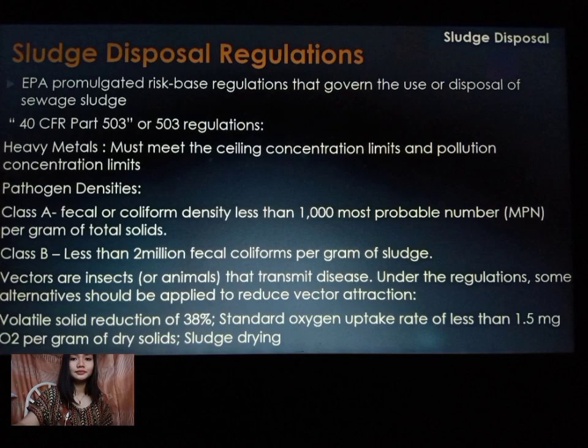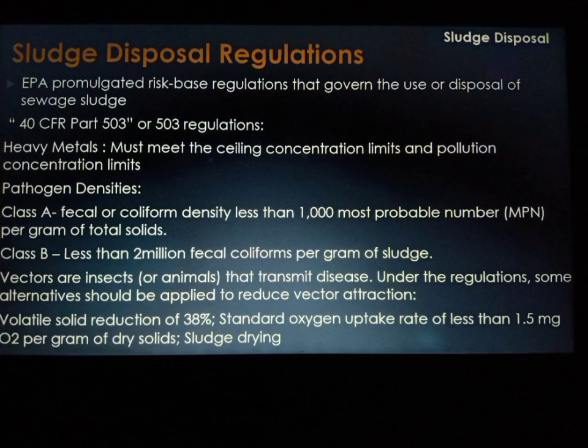There are two levels of quality for pathogen densities that are defined in the regulations. The Class A, the fecal coliform density less than 1,000 most probable number or MPN per gram of total solids. The Class A treatment includes treating the sludge for a specified time and temperature combination, heat-enhanced alkaline stabilization, and also treatment process to further reduce pathogens.